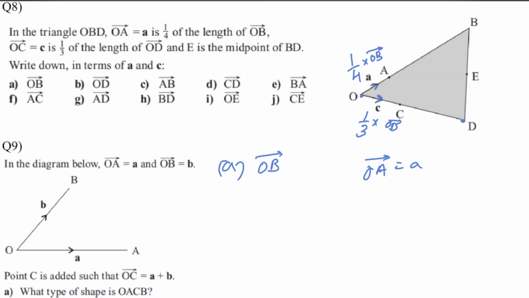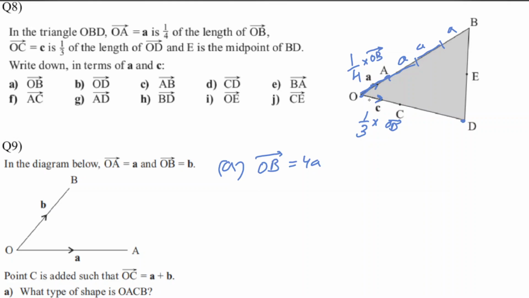Same way, what is OD? Pause your video. Check for your answer. What is OD? As I told you, OC is 1 out of 3 parts, that is C. So the other part will be C and the other part will also be C. So C plus C plus C is 3C.